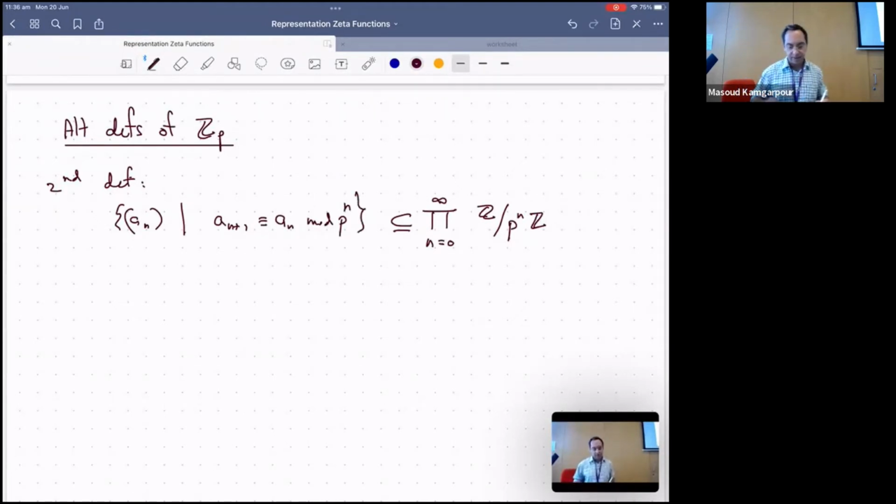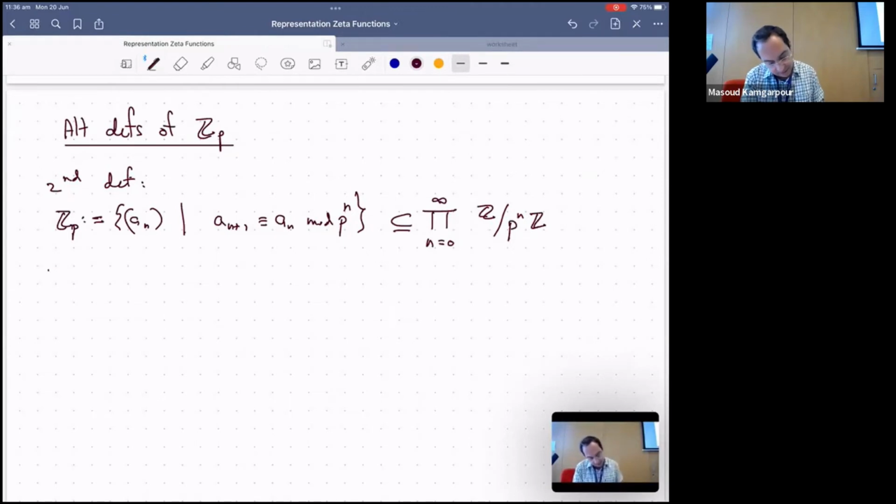So these sequences are compatible. If I take an element, a sequence, there's a relation between the individual elements. Each one should be congruent to the lower one modulo the lower power. So these are compatible sequences. That's the second definition. You could write it down as a second definition of the p-adic integers.